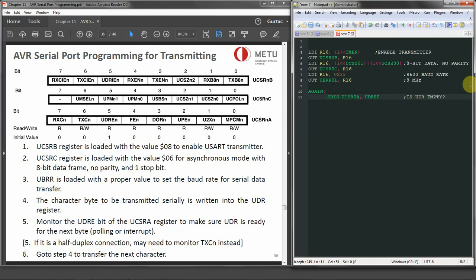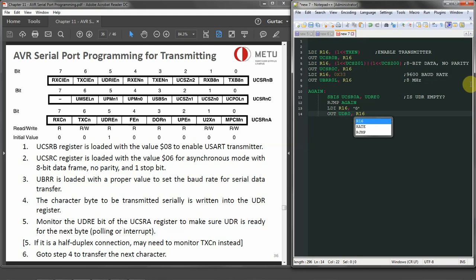Okay, then RJMP again. If it's not empty, we have to go and check again. Otherwise, if it's empty, LDI R16, we have to load the character G over there, and then out on UDR0, R16.